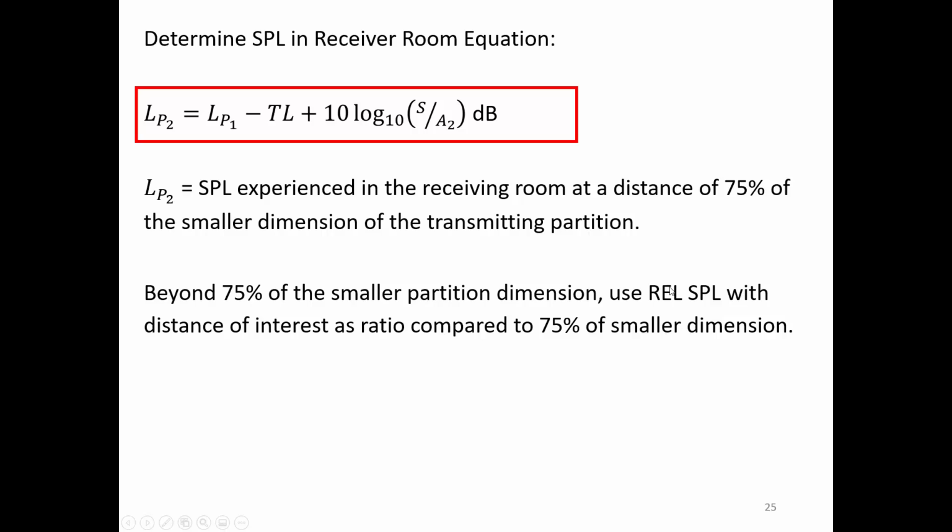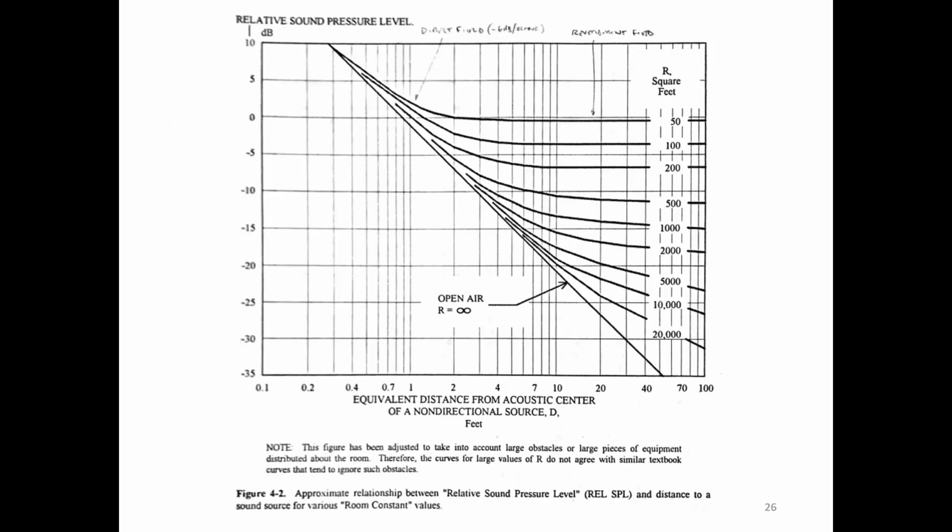Now, hopefully you remember this relative SPL thing. You have equations to do this, right? You can do it with an equation, but we also have this table. Depending on however much absorption there is in that receiving room, you'd be somewhere along this line. If we just had 50 Sabins of absorption, we'd be here at 100.